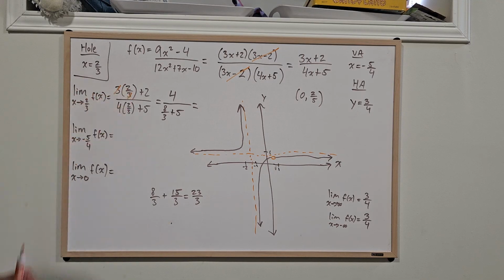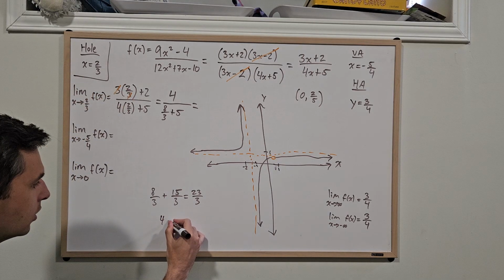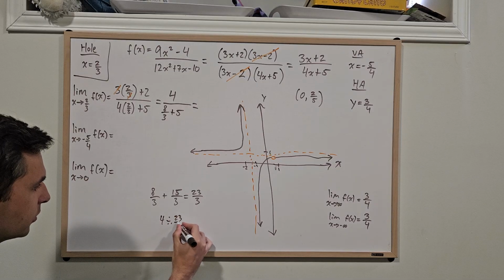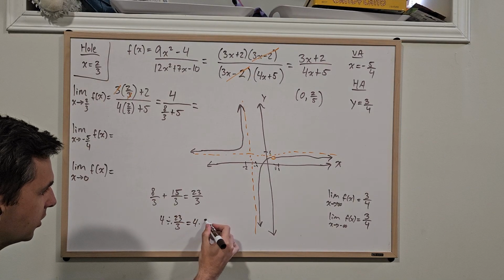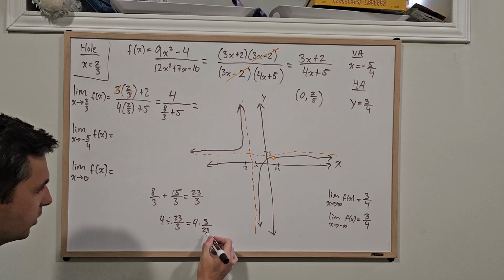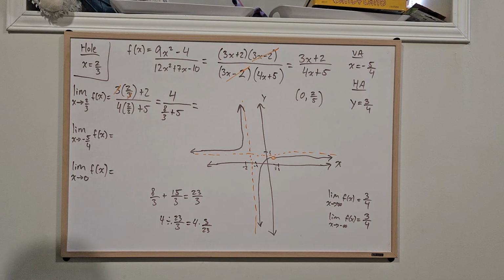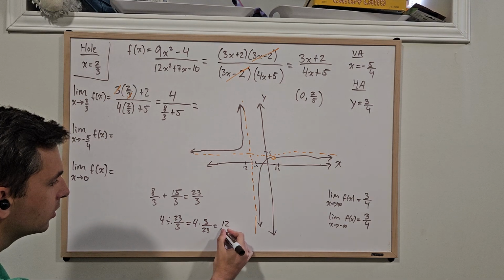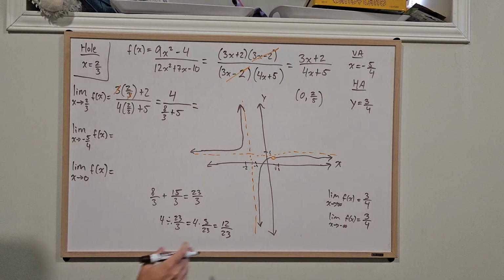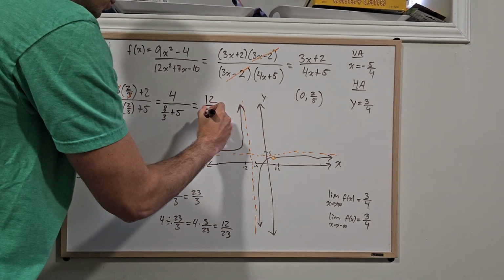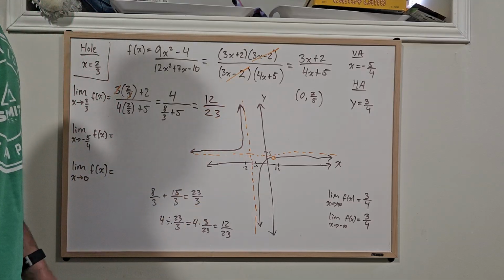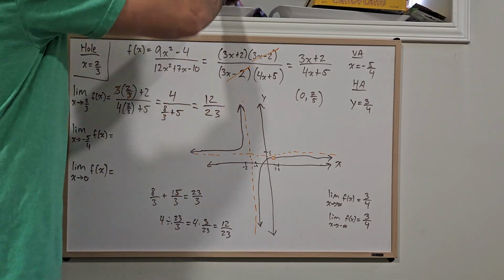So that's going to be 4 divided by 23 over 3, which is the same as saying 4 multiplied by 3 over 23. So 12 over 23 is going to be our value, okay? 12 over 23, just like that.